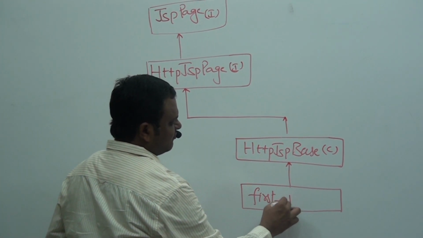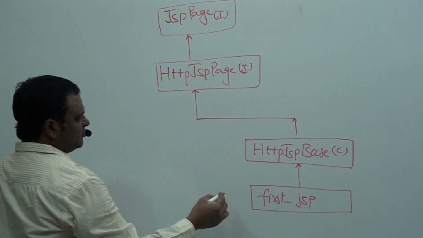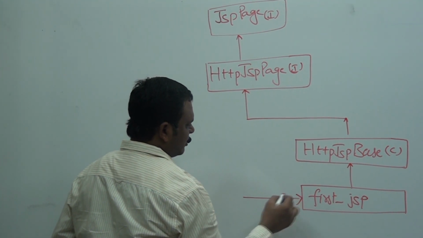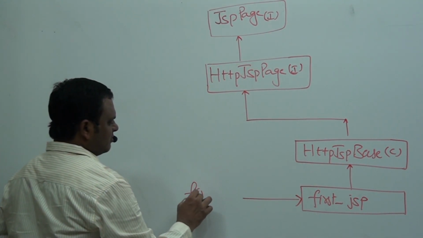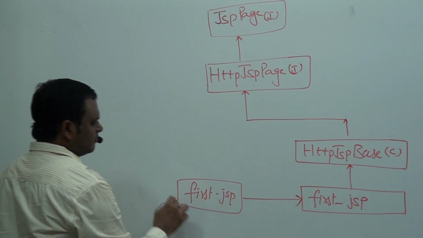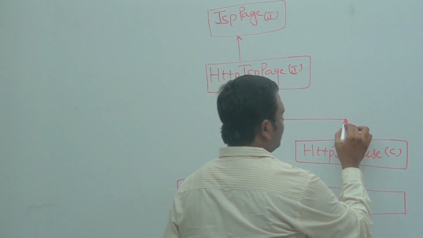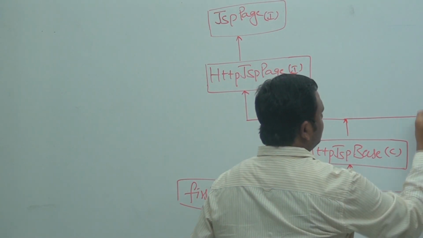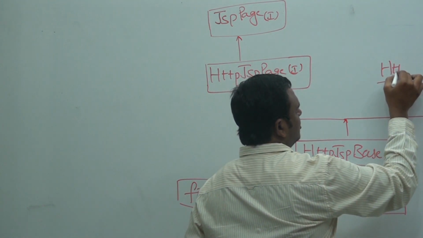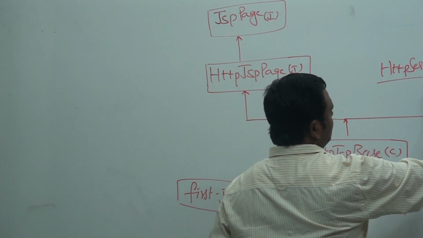This is first_jsp, which is generated from first.jsp. At the same time, this HttpJspBase is a child class to HttpServlet, which is an abstract class.